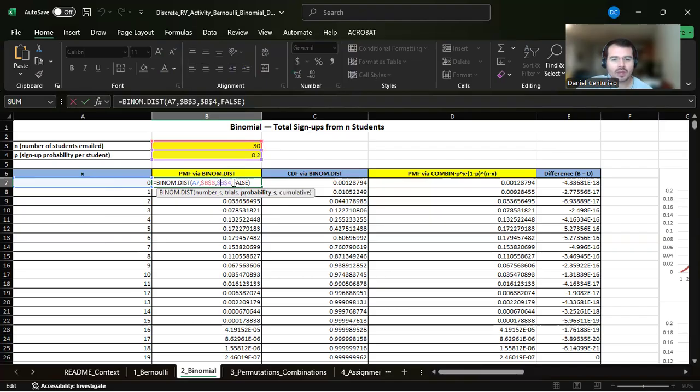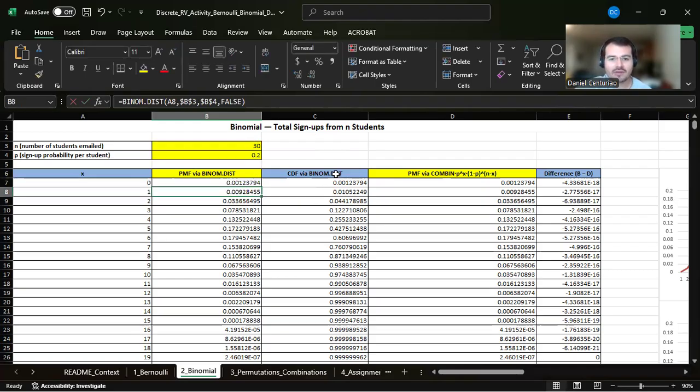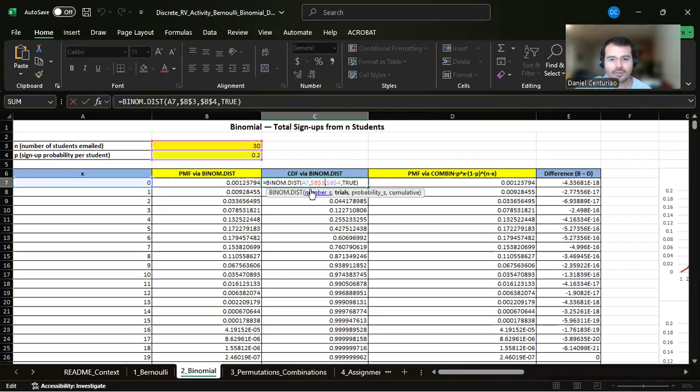And we are assigning here that it's not a cumulative function. If we assign false, that's saying we are dealing with a PMF, which is a probability mass function, and not a CDF. If we set this argument to true, it's going to be calculated as a CDF, as in the next column.